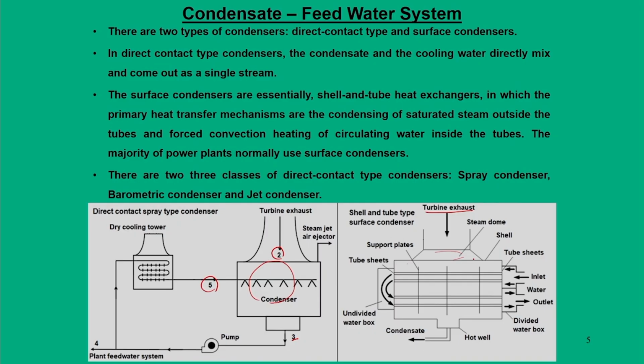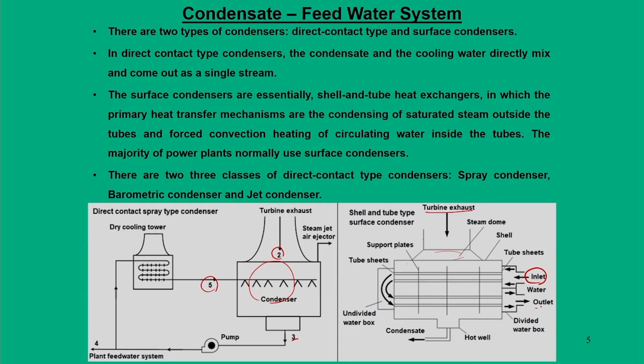So what should we do? The inlet water enters and then moves continuously through the condenser multiple times. We call this a single pass, 2 pass, 3 pass or any number of passes, so that the entire heat available at the steam exhaust from the turbine gets trapped by this circulating water.